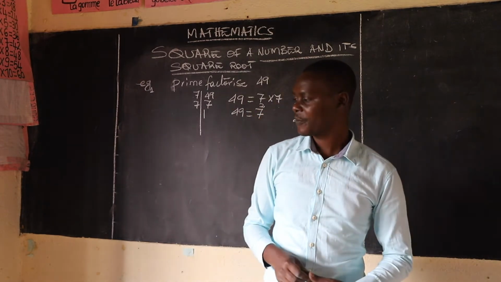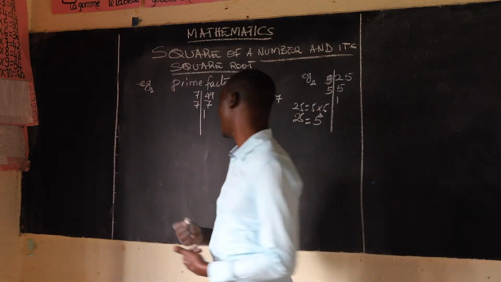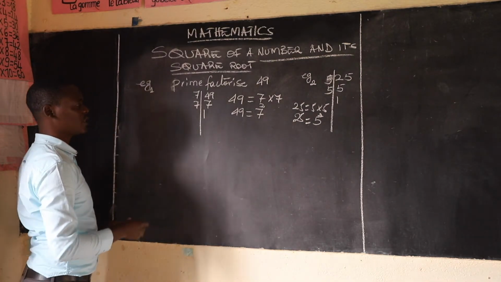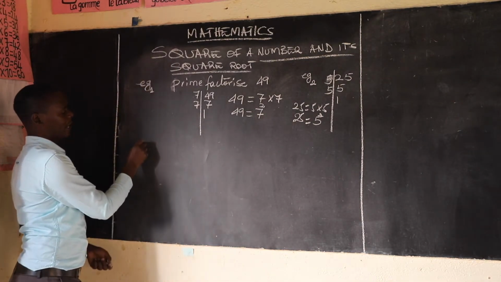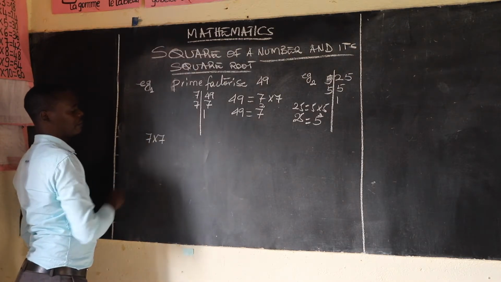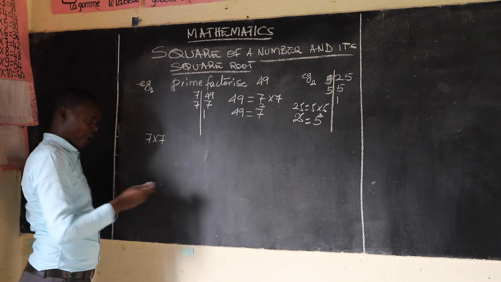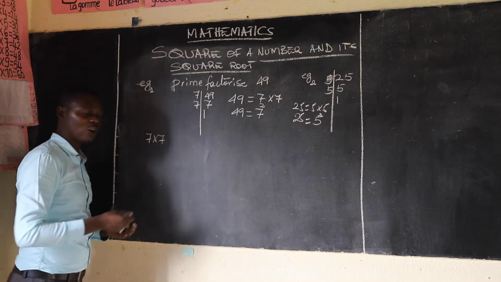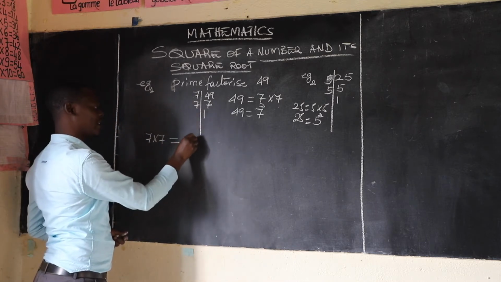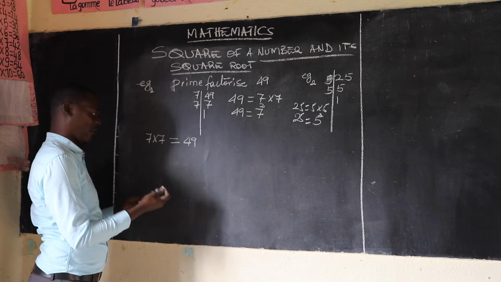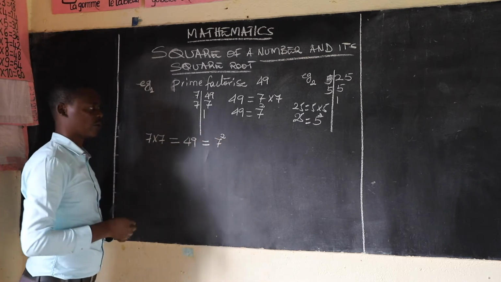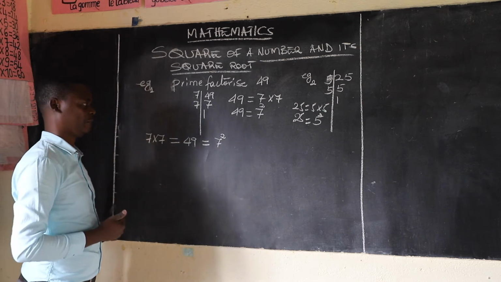My dear friends, as you can see, they are numbers that are multiplied by themselves. This is to mean I have 7 times 7. There are 2 ways of writing this, or there are 2 possible answers. Here we know normally it is 49, but I also said it is 7 power 2 or 7 squared.